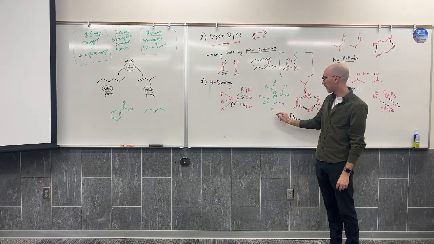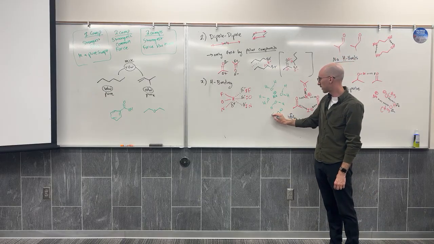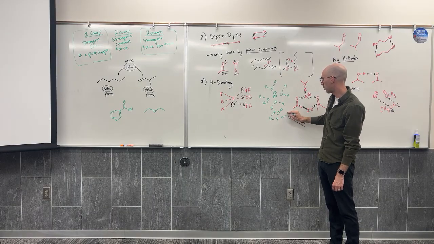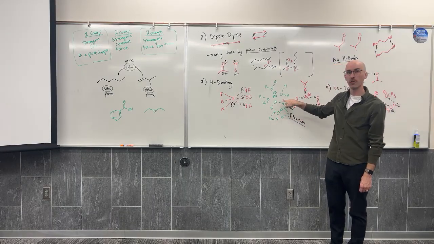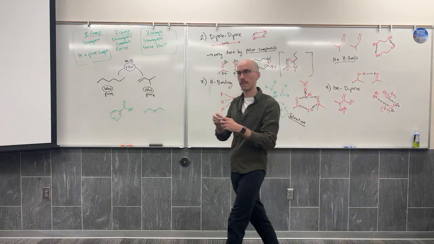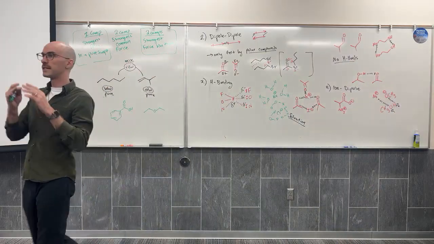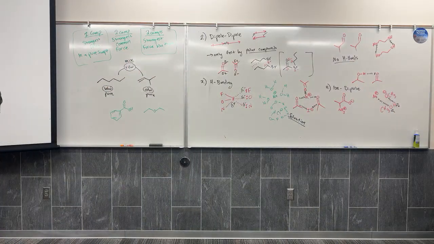Meanwhile, on the outside is a chloride, surrounded by the partial positives of the water. The dipole of water interacts with ions in different ways. Different ions interact at different parts of the dipole.